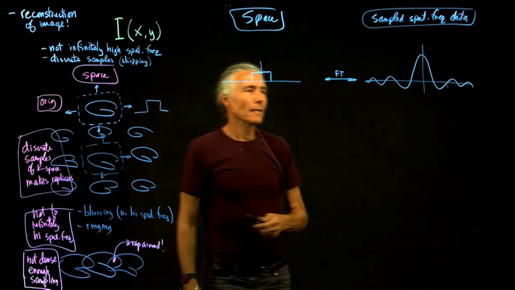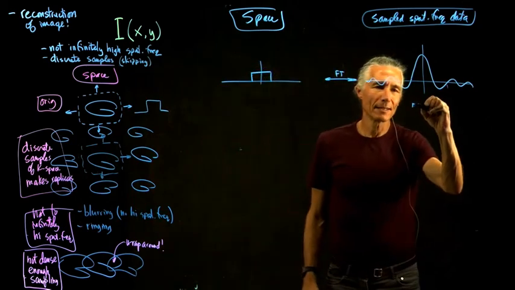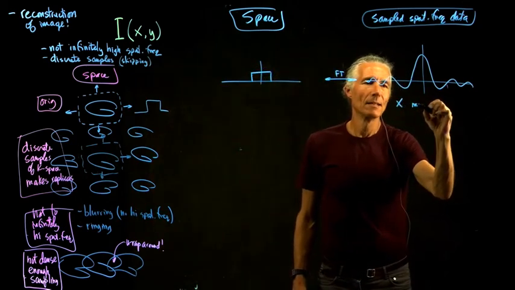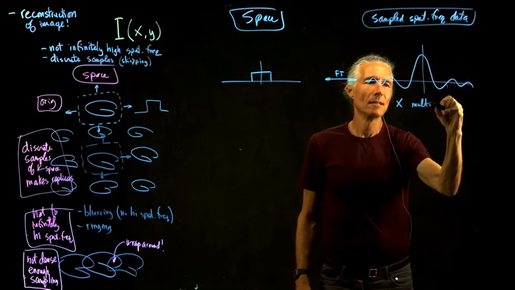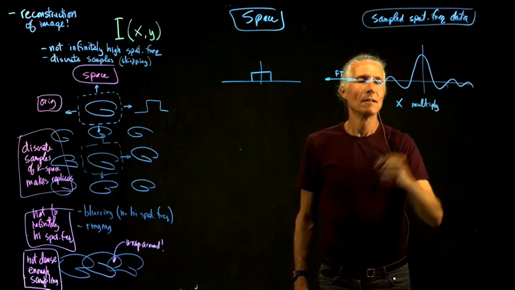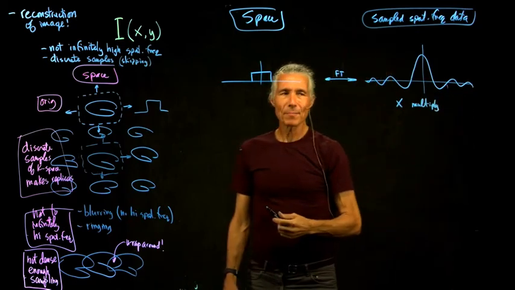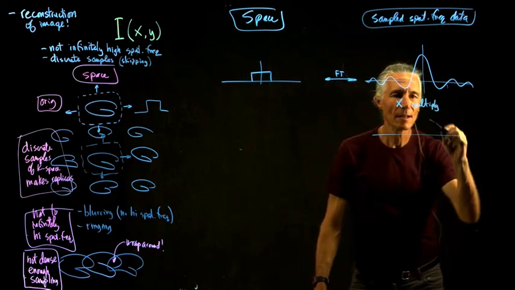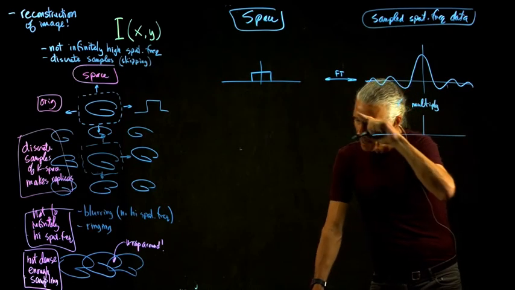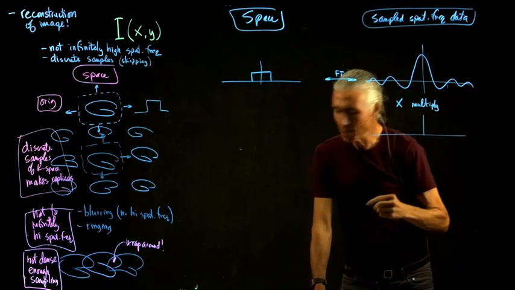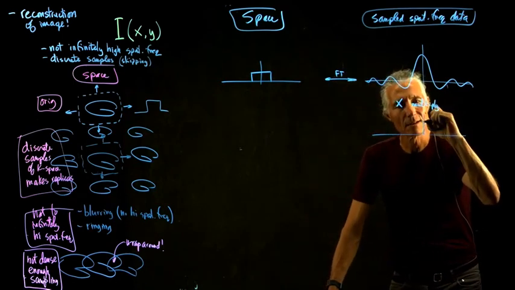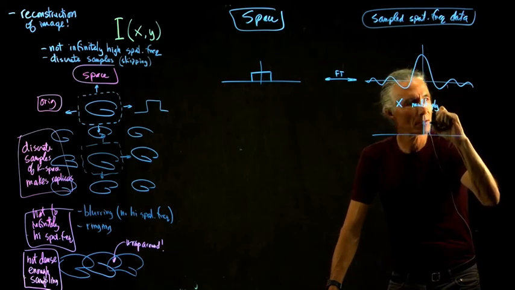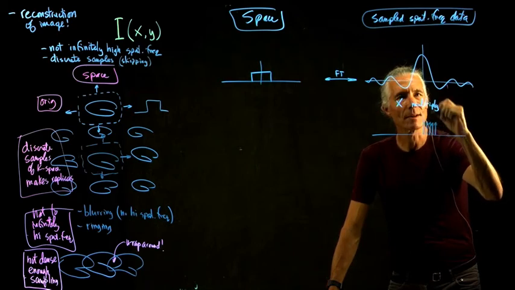So now we're going to multiply this by our sampling function. And what is our sampling function? It's just a whole pile of spikes. Our sampling function says, ignore this, just pay attention to the data at this point.